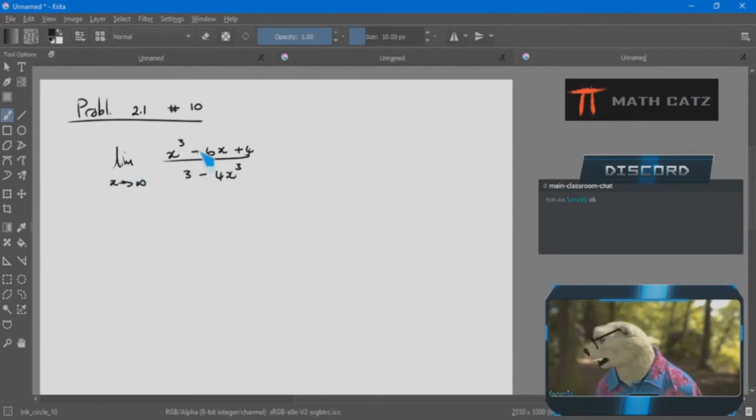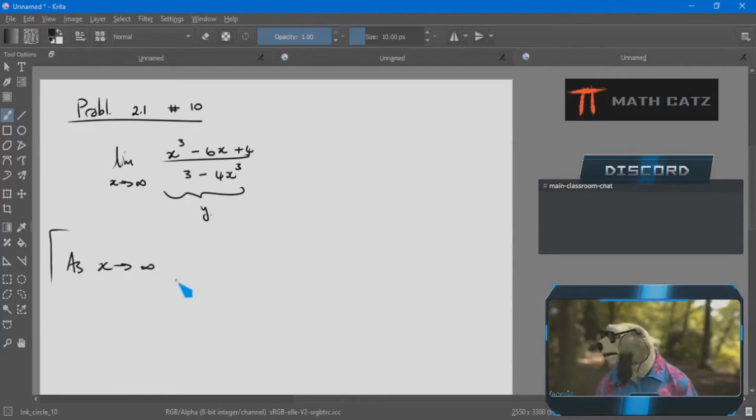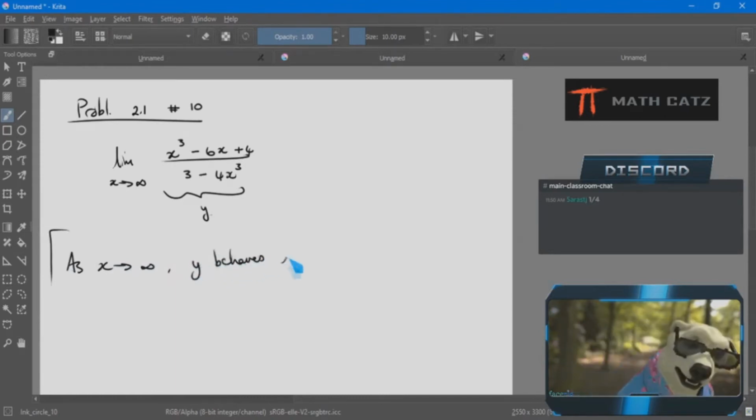And it's asking, this is my function. The behavior of this function as x grows in size is what? I can write my, let's call this y, just for convenience. I can write my wordy sentence and say, as x gets bigger in size, y behaves like, well, that depends on what kind of function it is, right?